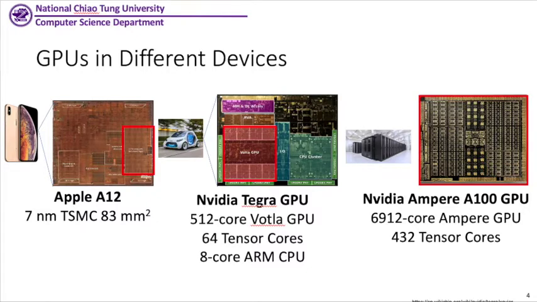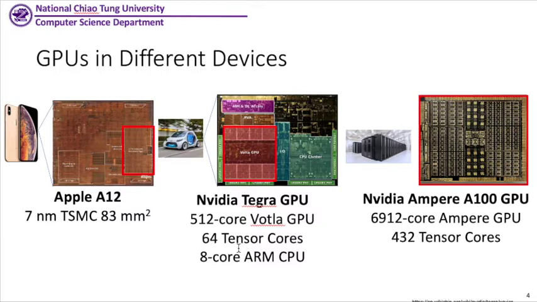GPUs are shown in different devices from the edge to high-end devices. The GPU in iPhone is responsible for the acceleration of visual computing. Apple released its own programming language, so people can drive the GPU on iOS by using Apple-specific programming.